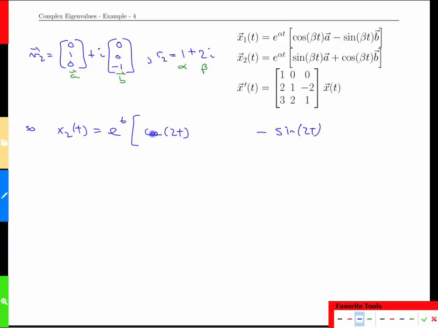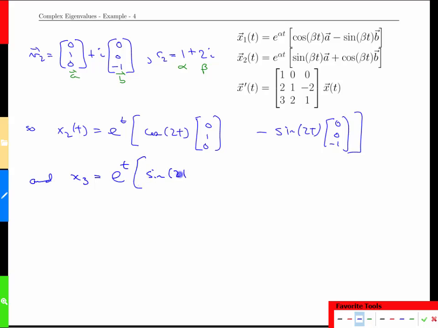Those are the first ingredients in terms of the function. Then we have the actual vector components, 0, 1, 0, and the b, second part here, goes with the sine term. And x3 is e to the t, same basic functions, just the order is reversed. And then we use the same vectors, so sine times a, 0, 1, 0, and cos times b, 0, 0, negative 1.